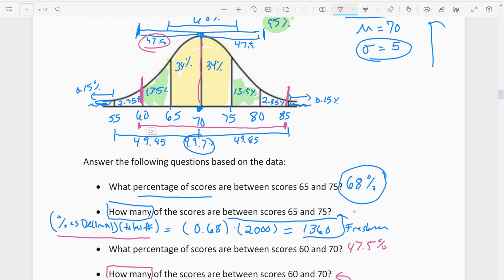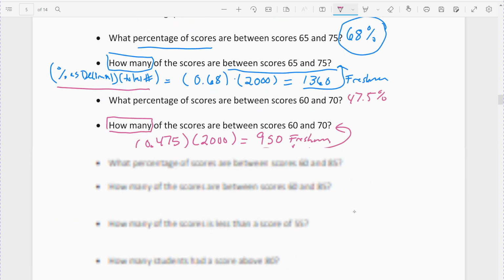The easiest way to figure out that area is to take the almost 99.7, minus this little 2.35. That gives me 97.35. Between 60 and 85, it represents 97.35% of the freshmen.